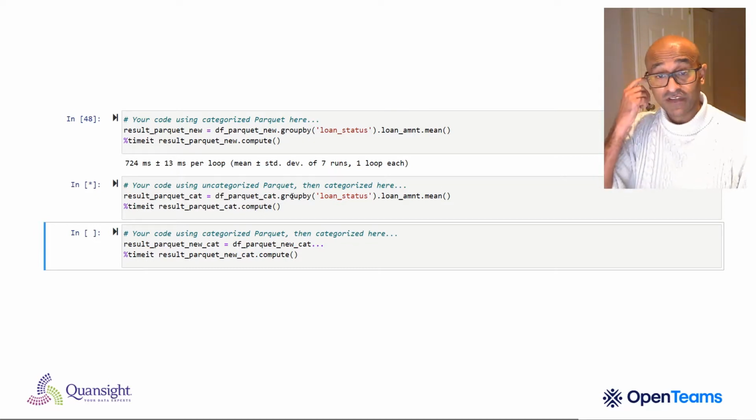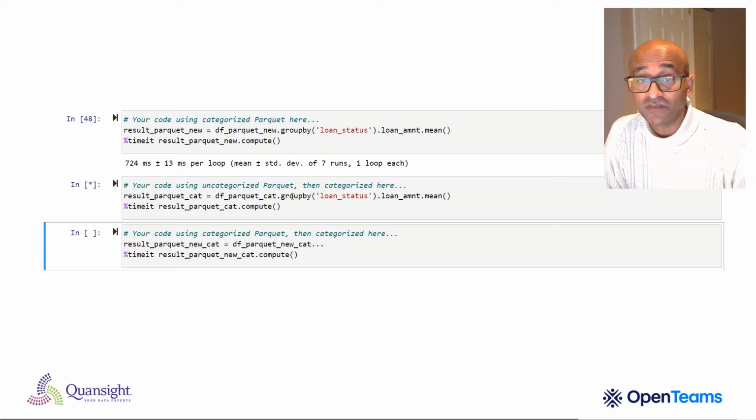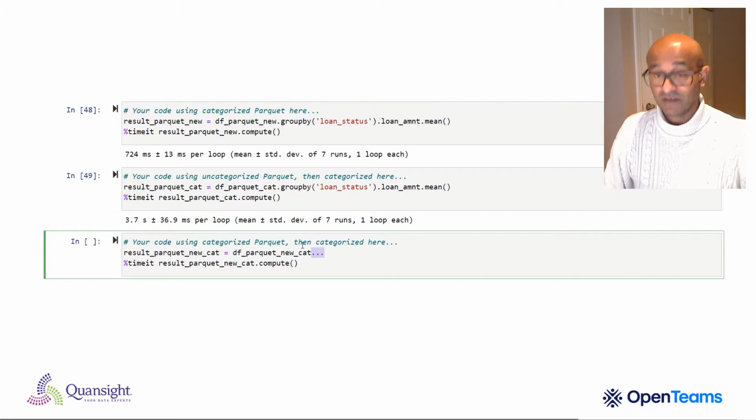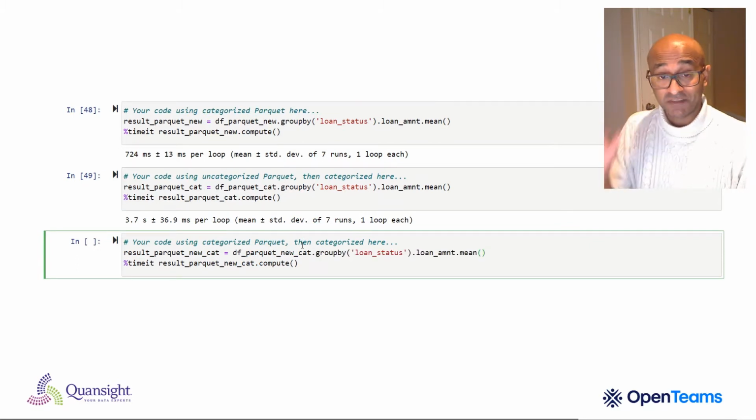Now we'll use that same data frame again, but we'll apply the categorize method to it after we've loaded it, and then do the group by. This is taking a little bit of time. That actually took 3.7 seconds.